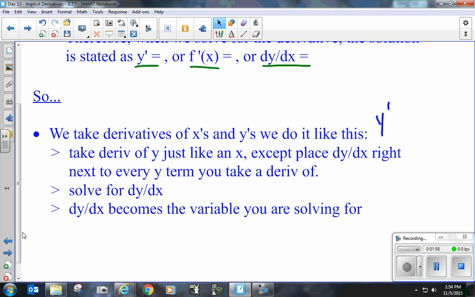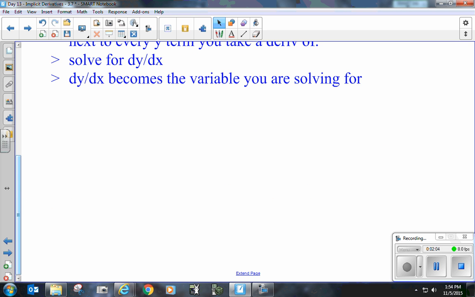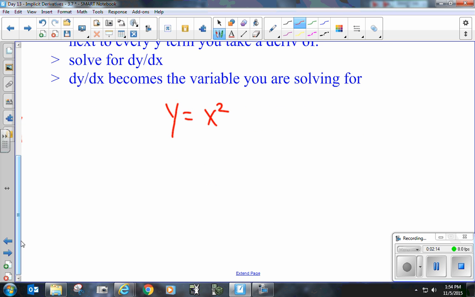Okay? For example, you've been doing this the whole time, you just haven't known. Just like the chain rule I said with the 1 with the x. If I wanted you to find the derivative of y equals x squared, what is that? 2x. It's actually 2x, isn't it? But when I take the derivative of this, I also take the derivative of that. The derivative of x would be 1.